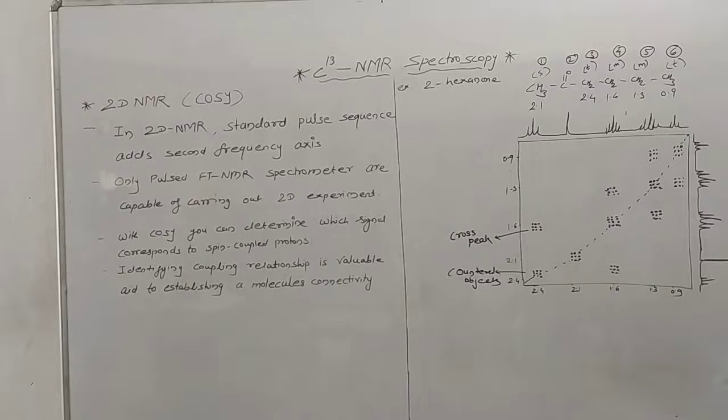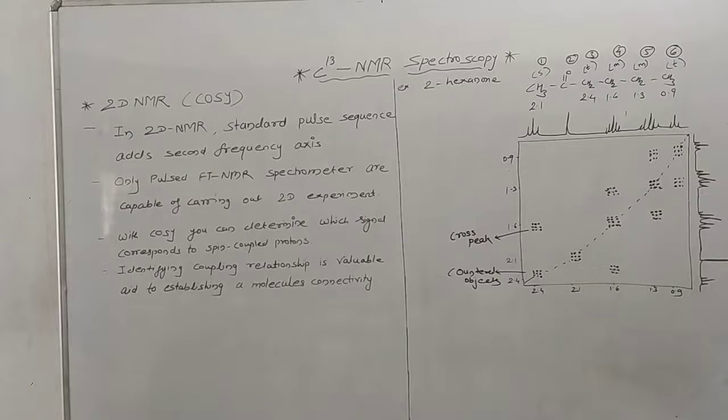Finally, the vertical line drawn from 2.1 intersects no cross peak. The signal at 2.1, as expected, is due to the protons at C1, that means the first carbon atom, which are not coupled to any of the other protons in the molecule. Like this we can explain the 2D NMR COSY.